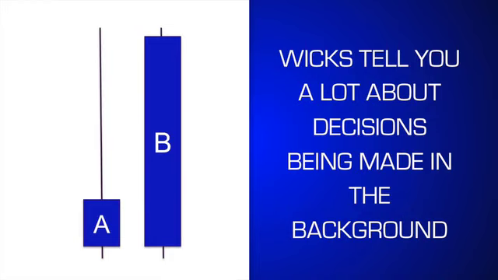For instance, when you have long wicks forming in certain areas, it is a sign that the market, and when I say the market, I'm talking about all those candlesticks on your chart right now. You see all those candlesticks that are forming. Some of them overall are going up, and some of them overall are going down. But what I'm saying is when you see wicks in certain areas, it's telling you that the market may not want to move much higher, may not want to go up higher.